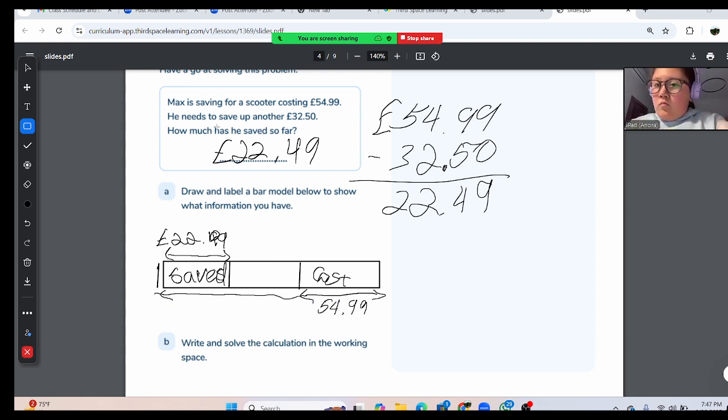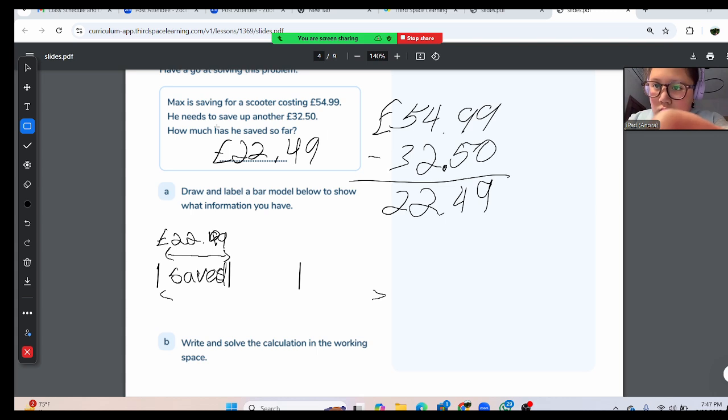Exactly. So remove that box of cost that is not needed. The total is the cost. Remove that box. We need only two boxes here, two portions of the bar.